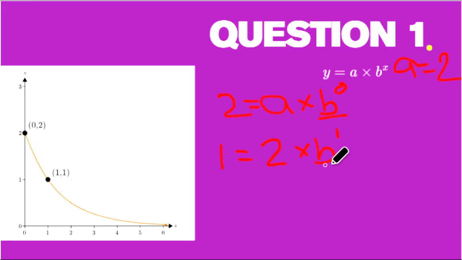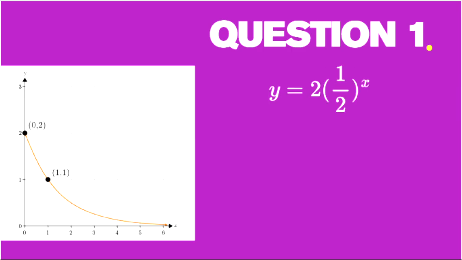Okay, this becomes just plain b. So we are going to divide this by 2 and divide this by 2, which then gives us b equals 1/2, which means our final formula is going to be y equals 2 times 1/2 raised to the power of x. Boom! Look at that.